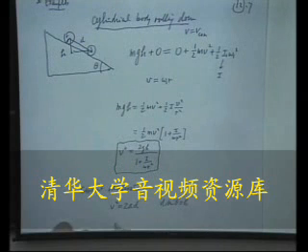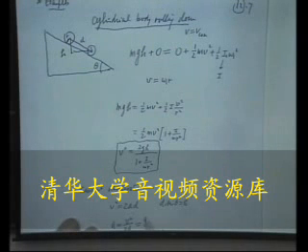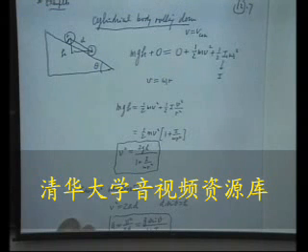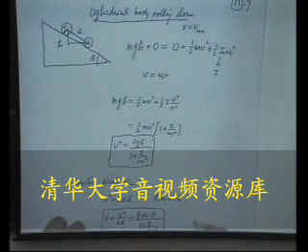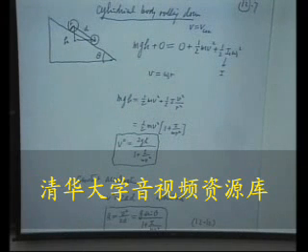I get a is equal to v squared over 2d, which is equal to g sine theta over 1 plus I over mr squared. This formula is in the book. It's equation 12-10.